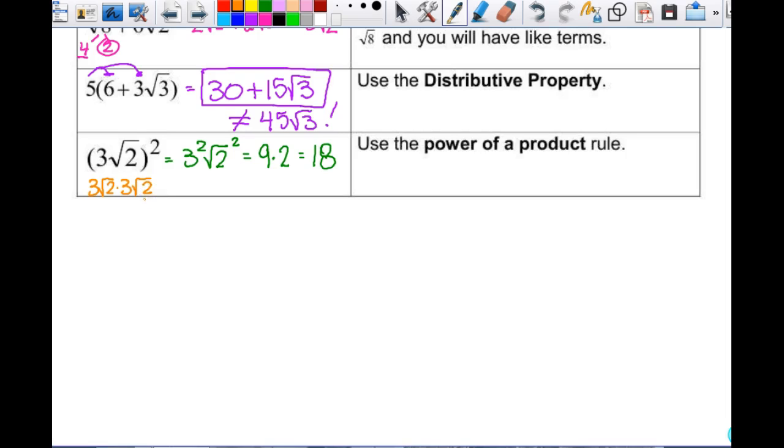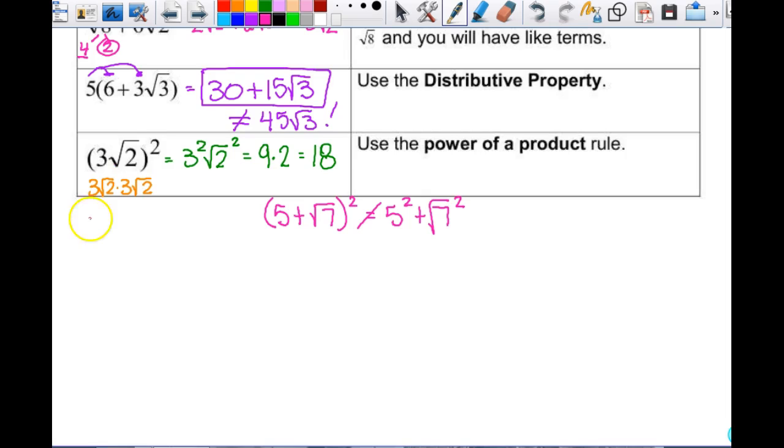If I have 5 plus the square root of 7 squared, does that equal 5 squared plus 7 square root of 7 squared? Is that what would happen there? Okay. This does not equal this. These are different. Do you see how this is multiplication and this is addition?